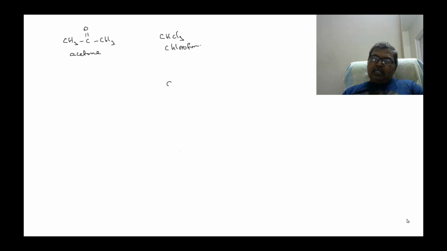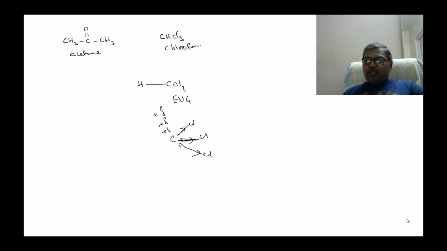see, CCl3H. CCl3 is a strong electron withdrawing group. Actually, carbon is less electronegative only, but chlorine is more electronegative. As chlorine is pulling electrons towards itself, positive charge on carbon increases.